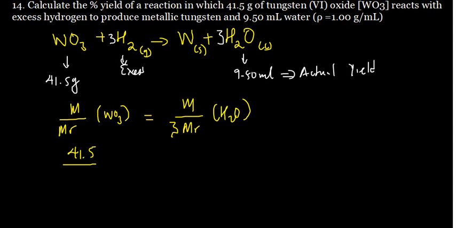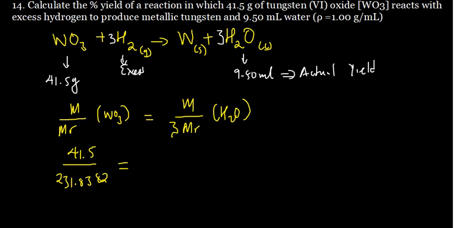Tungsten itself, the molar mass is 183.84, plus we have got 3 oxygens, and each oxygen is 15.9994. So this is going to give us 231.8382.